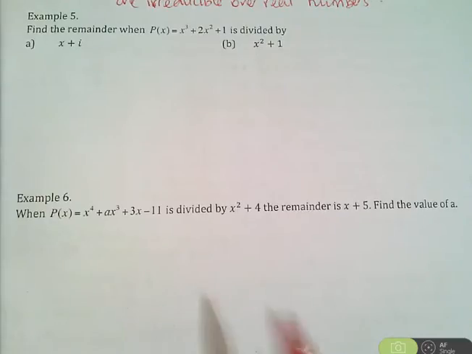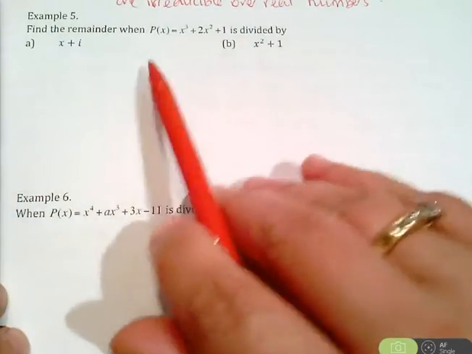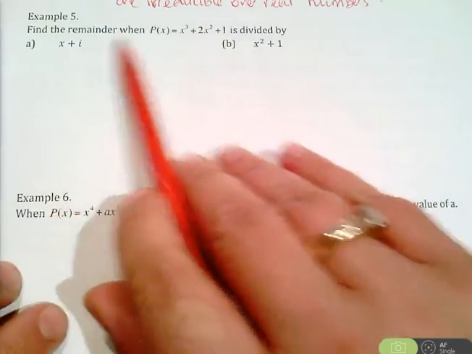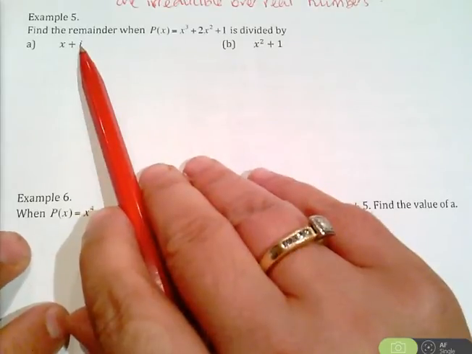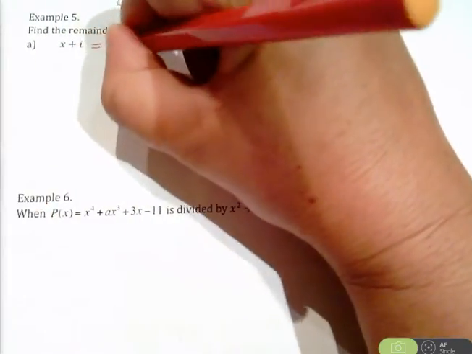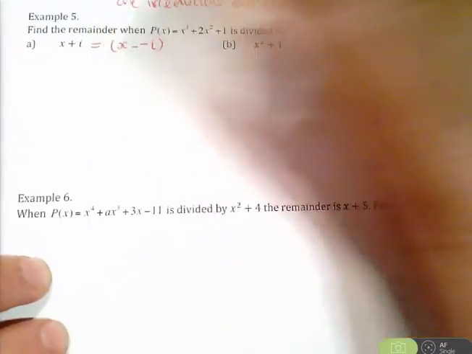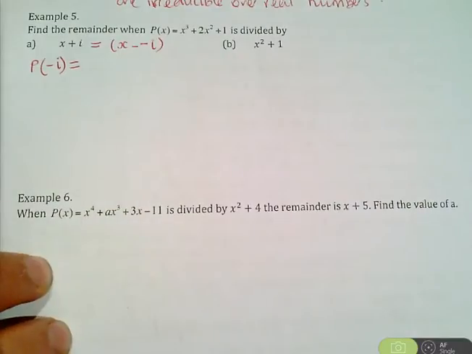Now, example 5, we're using the remainder theorem here. It says find the remainder when this polynomial in x is divided by x plus i. Remember that written as a factor is x minus negative i. So we'll look at p of negative i, using the remainder theorem.